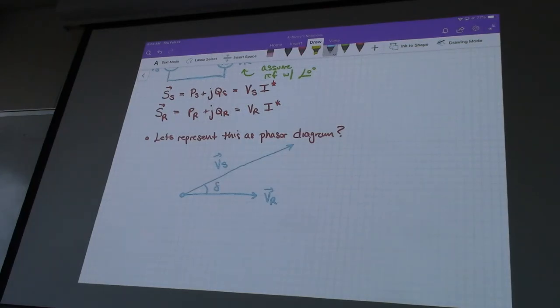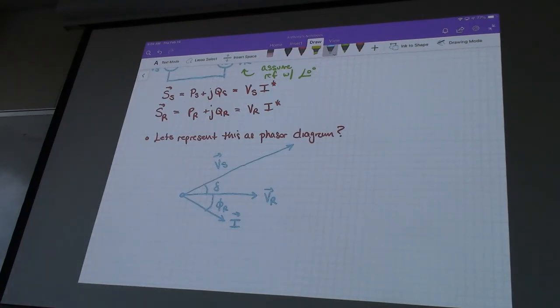We also have our current, which we're going to assume has an angle of phi. This is the power factor angle for the receiving end, and I can put a little R there to indicate that.